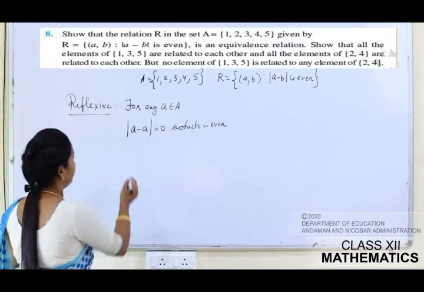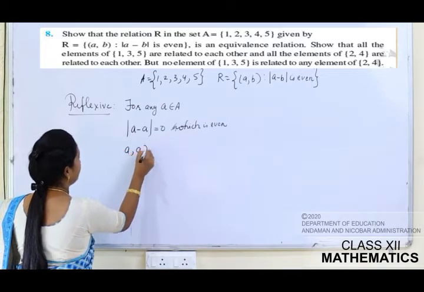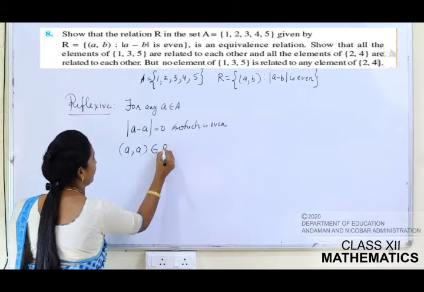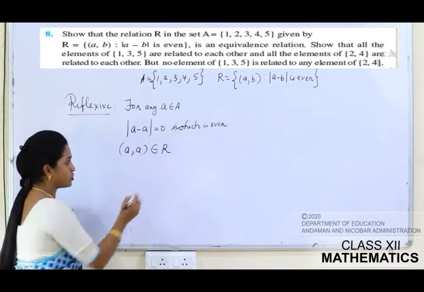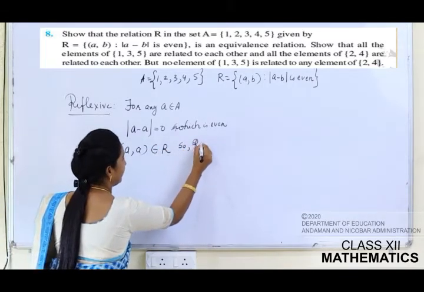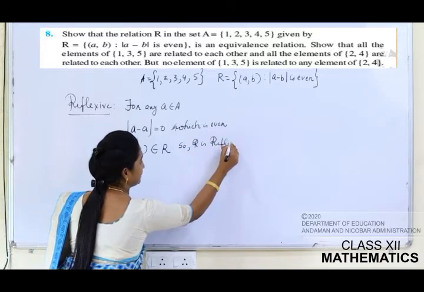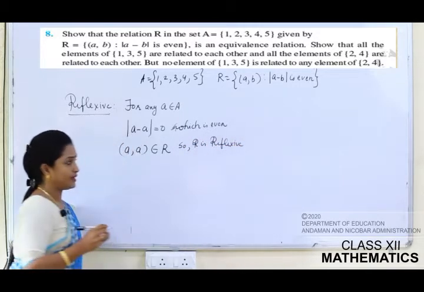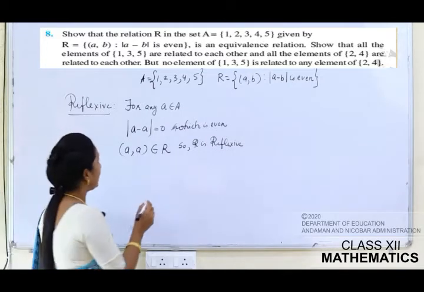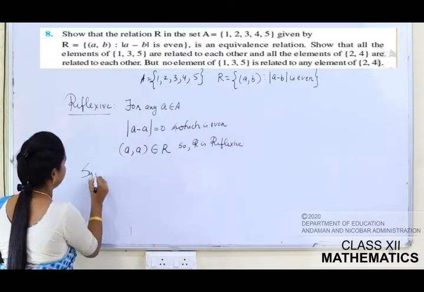That means (a, a) belongs to R, so R is reflexive. Now we'll go for symmetric.